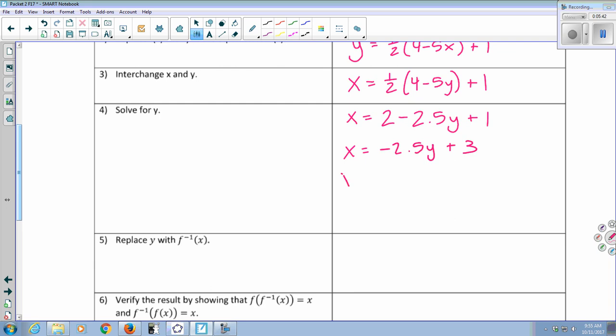Subtract 3 from both sides. And then divide both sides by negative 2.5. So I have y equals (x minus 3) over negative 2.5. Finally, replace y with f inverse of x. So this is just the notation to indicate that the formula I just found is the inverse of the formula for f.